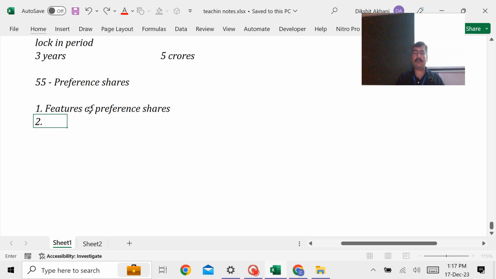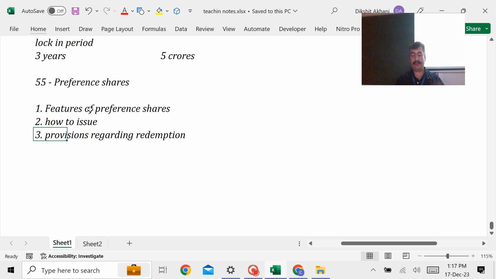Second is how to issue. Third is provisions regarding redemption. Provisions regarding redemption. And fourth one is sources and company.